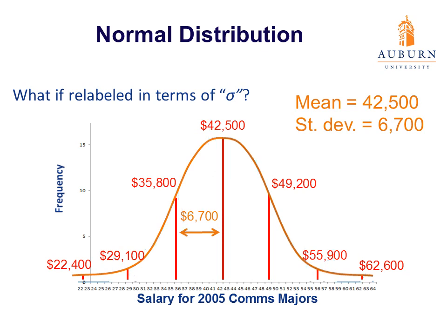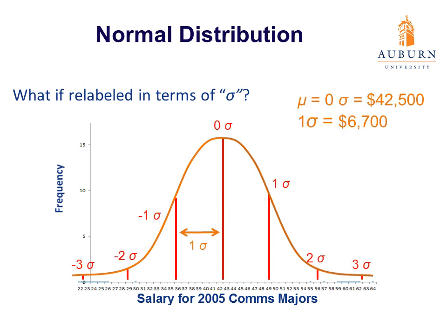Now when we relabel, we will no longer have dollars, but rather standard deviations. So instead of adding and subtracting 6,700, we'll be adding and subtracting in terms of standard deviations. Once we have relabeled, you'll notice that our normal distribution graph here no longer has dollar signs on it, because we've now changed the unit of measurement.